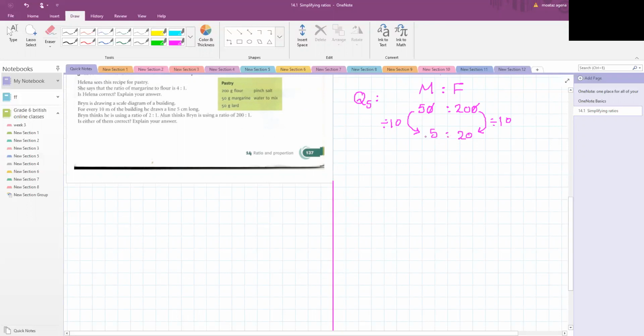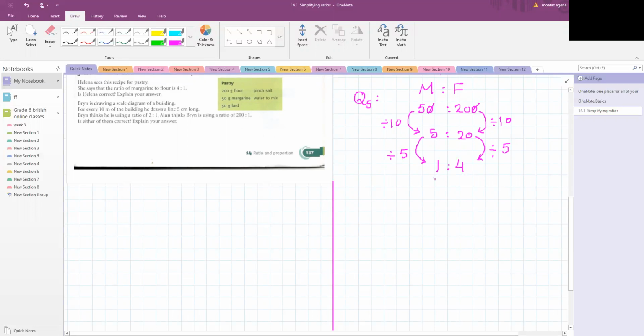Now this is not in the simplest form. There is a common factor between 5 and 20, so we will divide by 5. 5 divided by 5 equals 1 and 20 divided by 5 equals 4, correct? Can we simplify more?